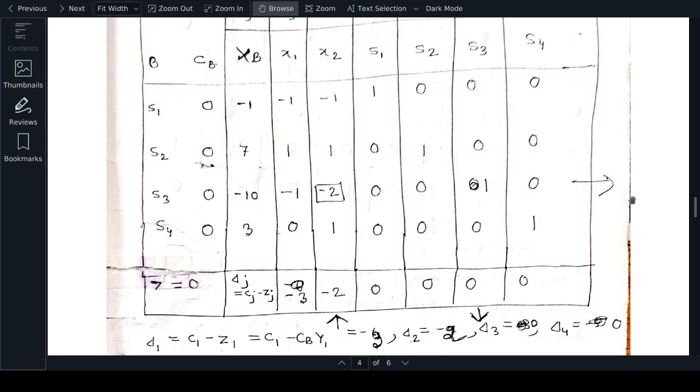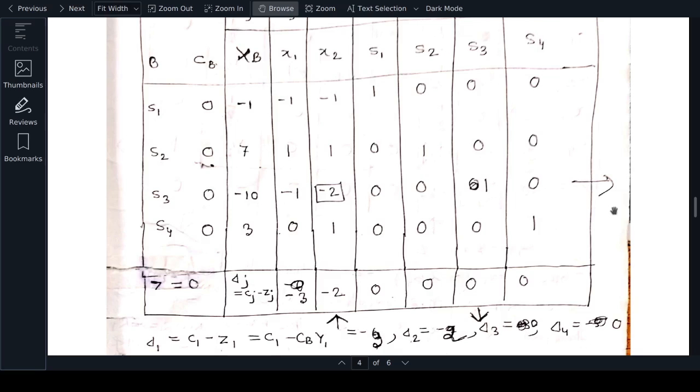Key row, how do we find it? When we get an optimal solution in the dual simplex method, all delta j values are less than or equal to 0, meaning either negative or 0, and all bi should be non-negative. All bi means the xb column should be non-negative.